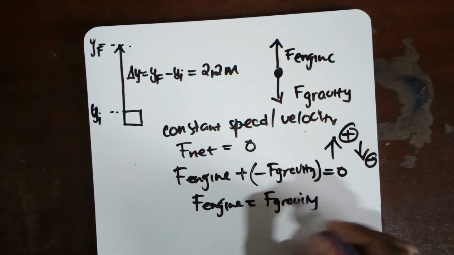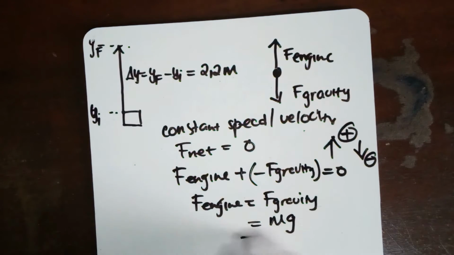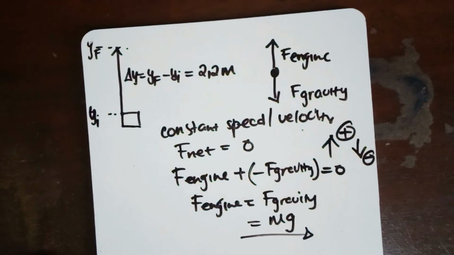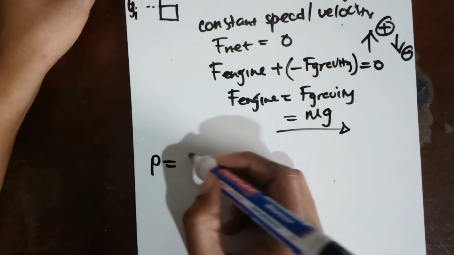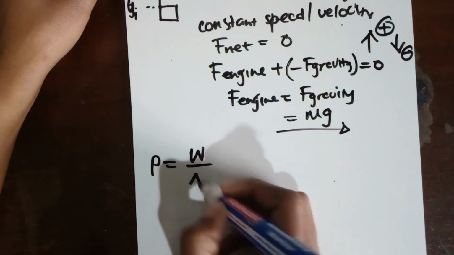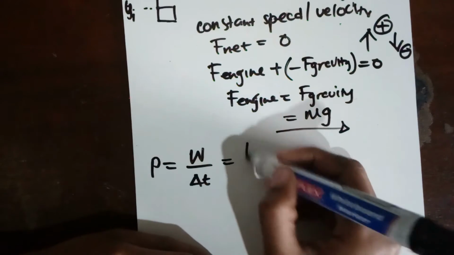But we know that F gravity is actually given by mg, right? So that's one thing that is important to know. And then we know that our equation for power is P equals work, the rate at which work is done. And then work, we know it's given by the product of the force.